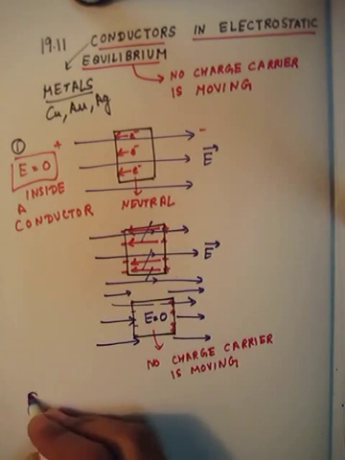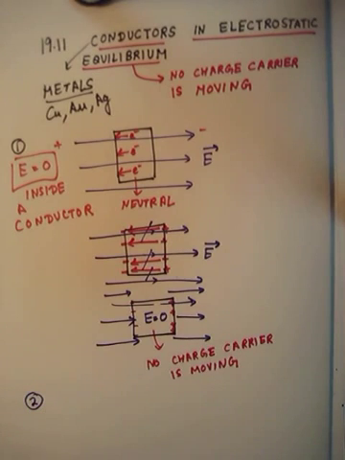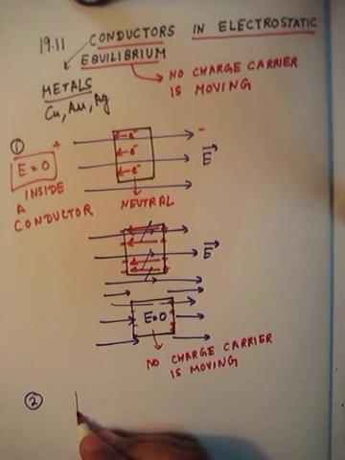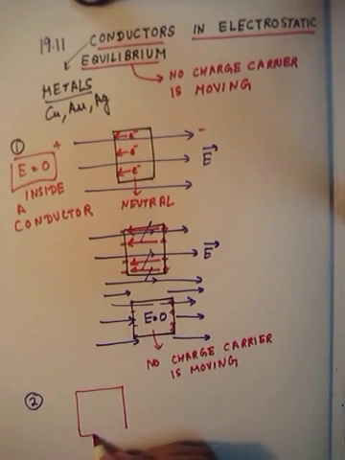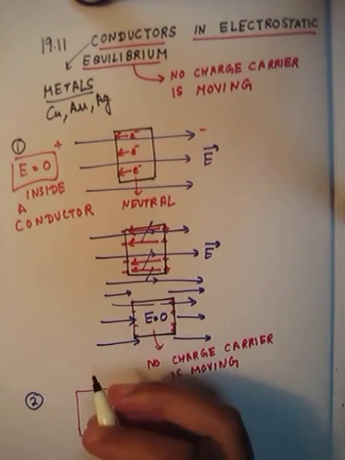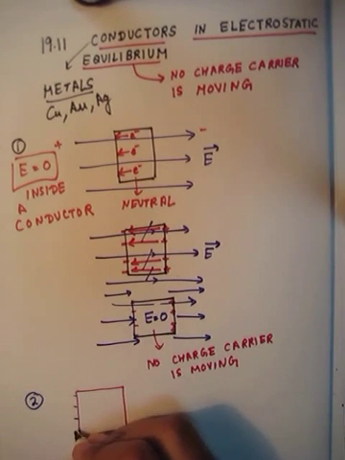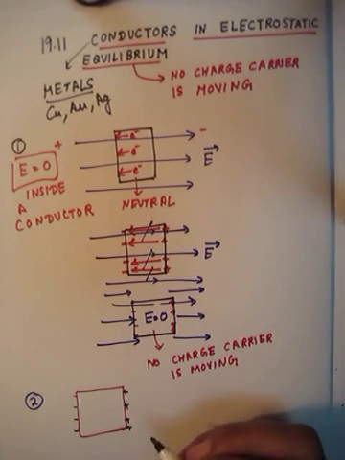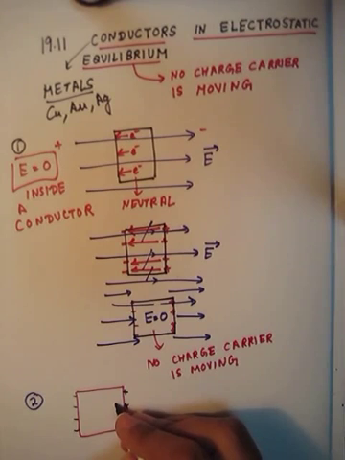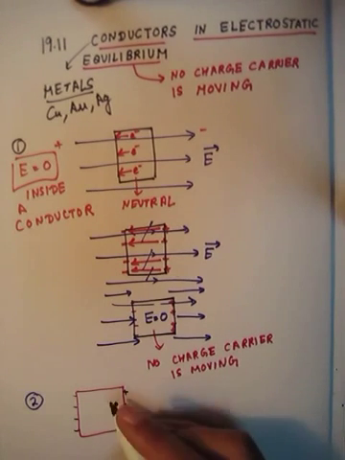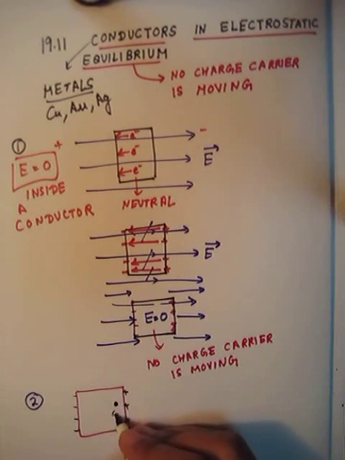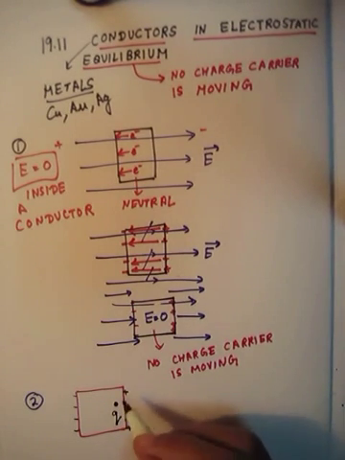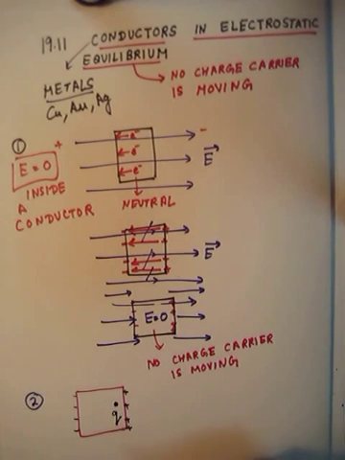Now the second condition is this. If the electric field inside a conductor is zero, suppose that we are talking about this conductor in electrostatic equilibrium, which has this negative charge on its surface. Let us say that at this point I want to find out what the charge inside the conductor is.